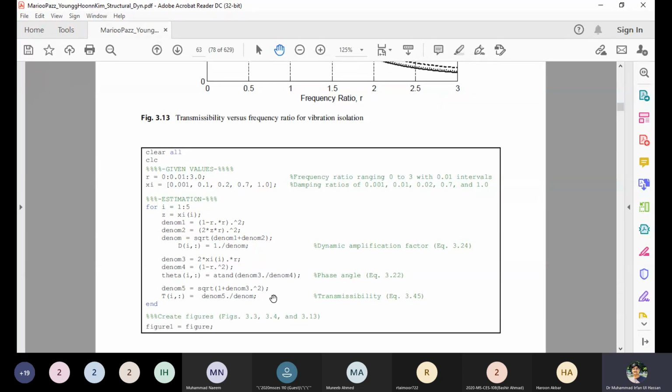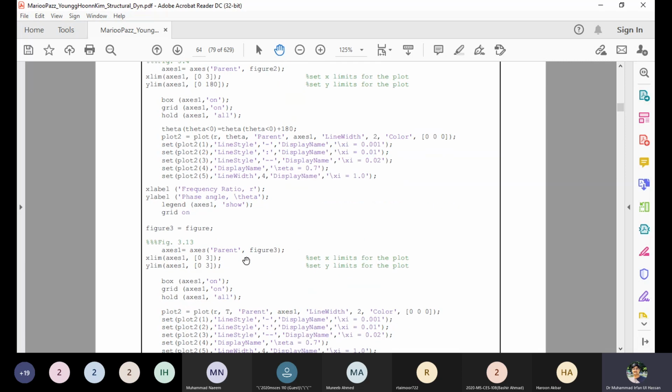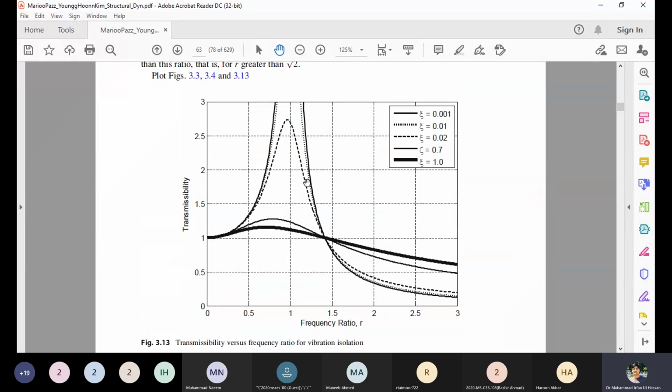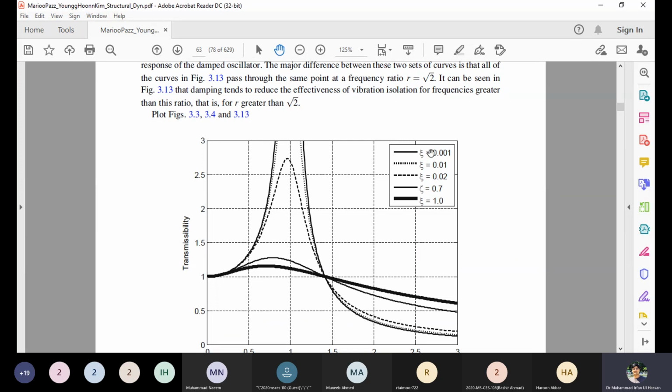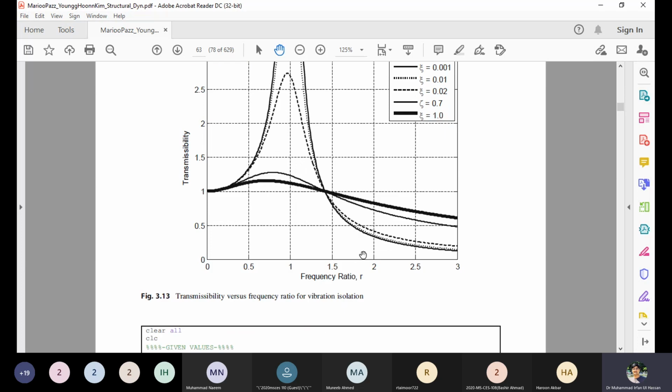So you compute all the individual factors, the phase angle, and then the transmissibility comes for different factors, and then you create the graph. So you can create the transmissibility graph for different zeta values; for different frequencies you compute and plot it for different zeta.